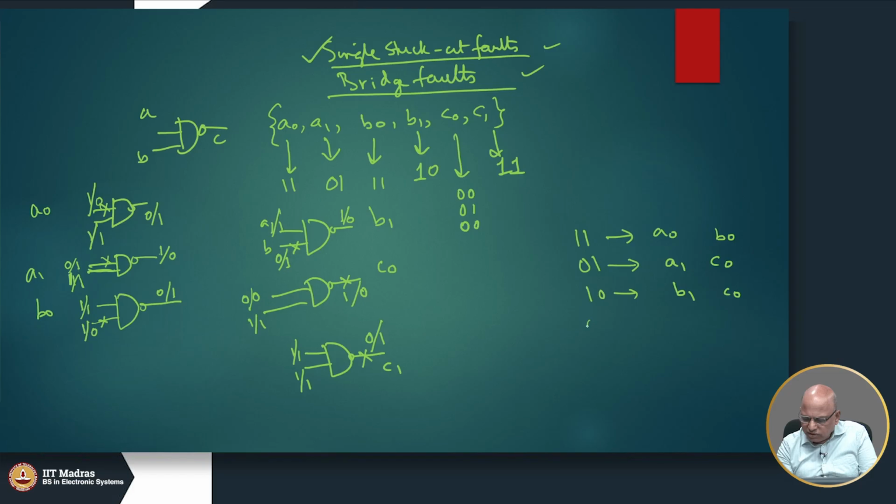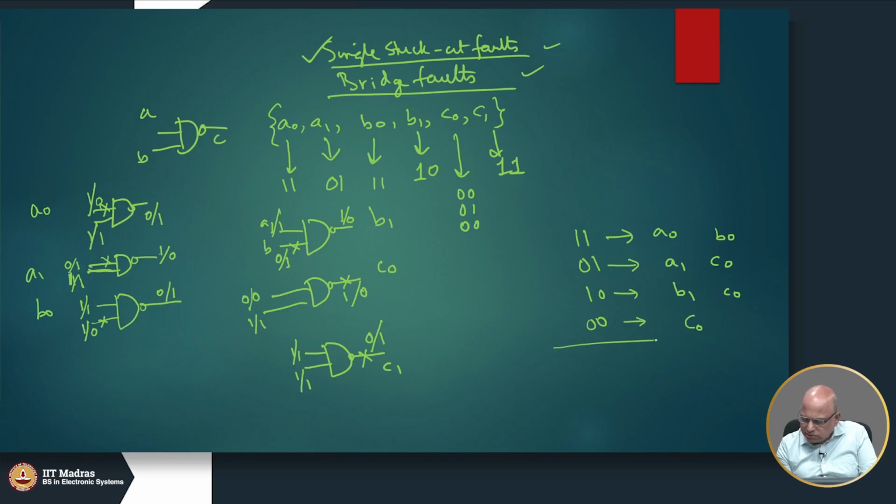Then finally 0 0, that catches C0. So, you can pick the test vectors.